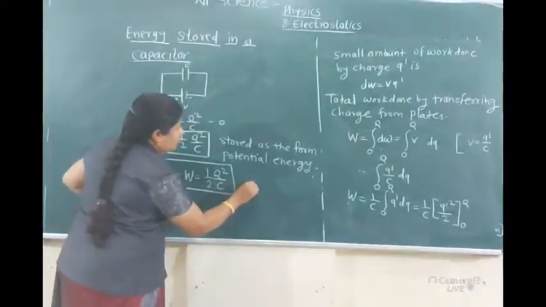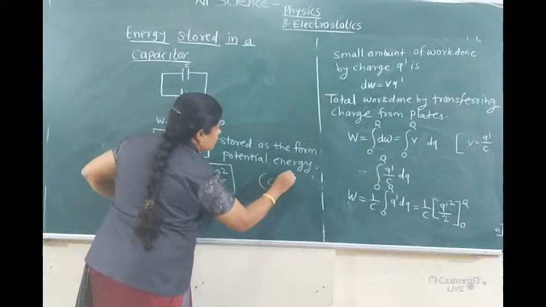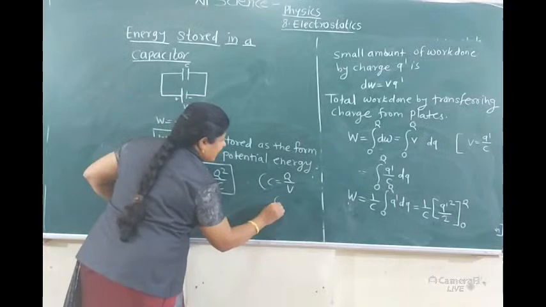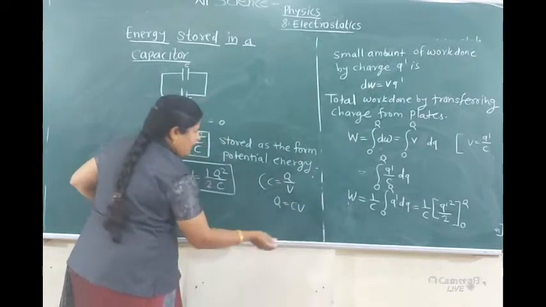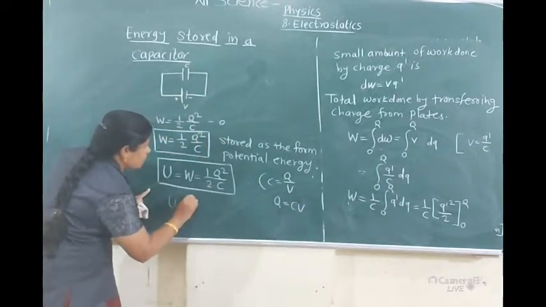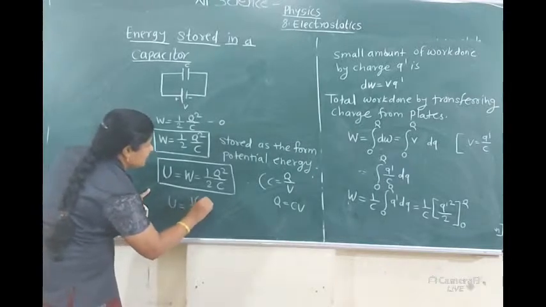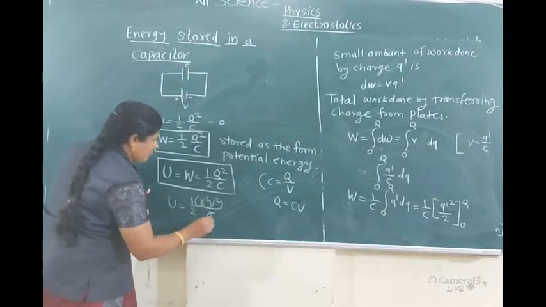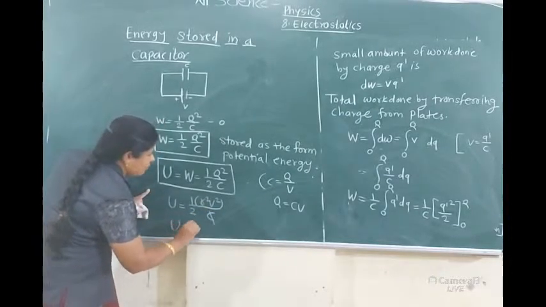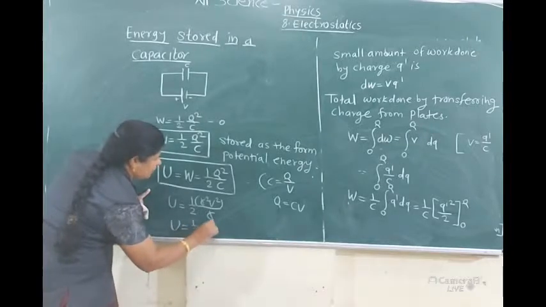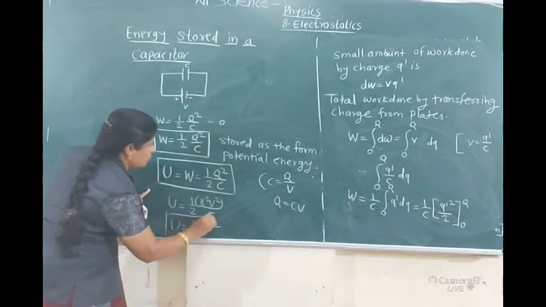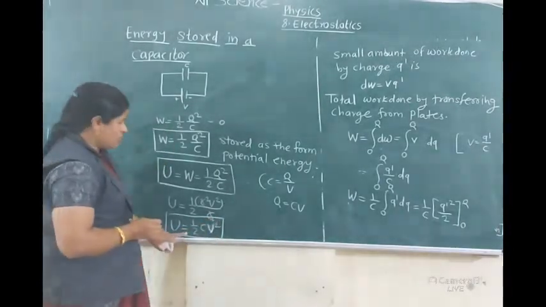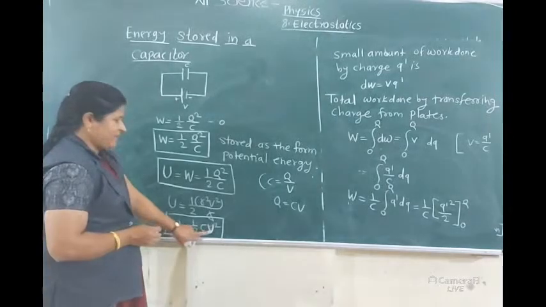If we substitute C is equal to Q divided by P, so we get Q is equal to C into P. Therefore U is equal to 1/2 C square P square divided by C. One C gets cancelled. Therefore we get U is equal to 1/2 C P square.